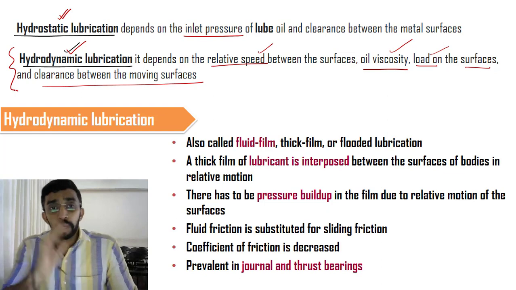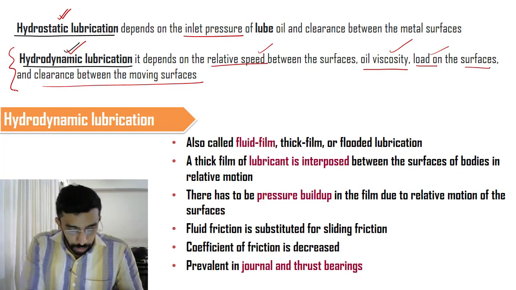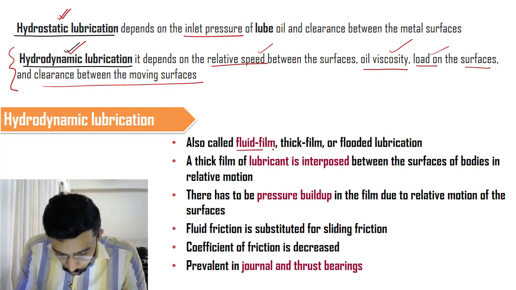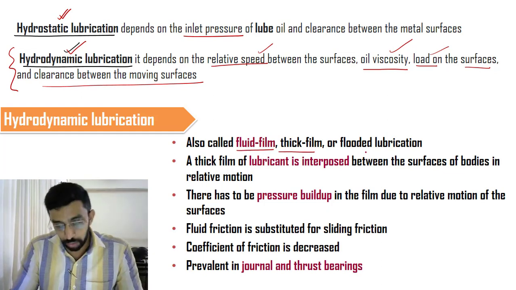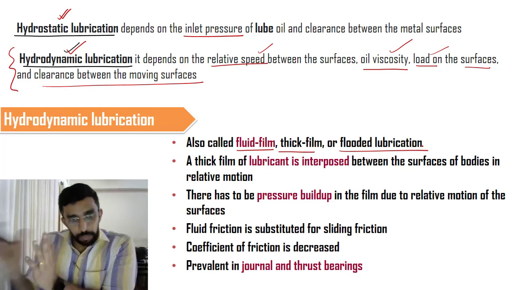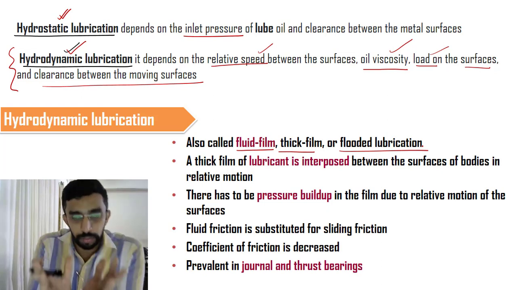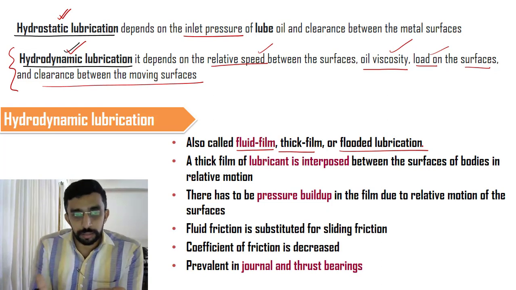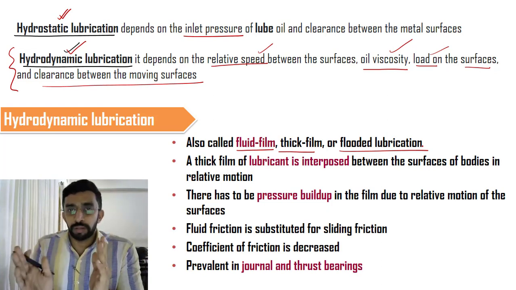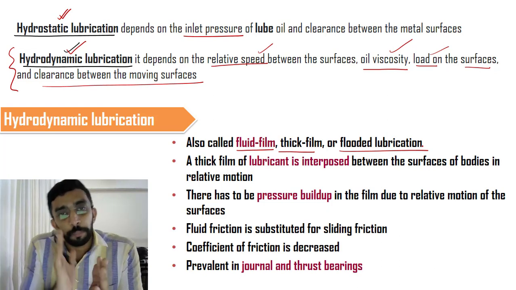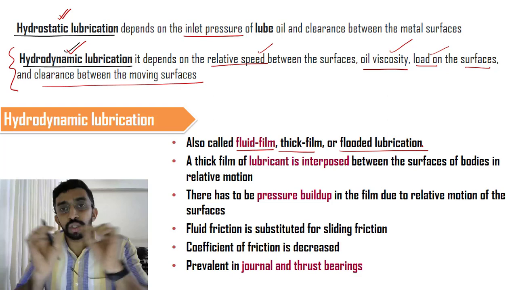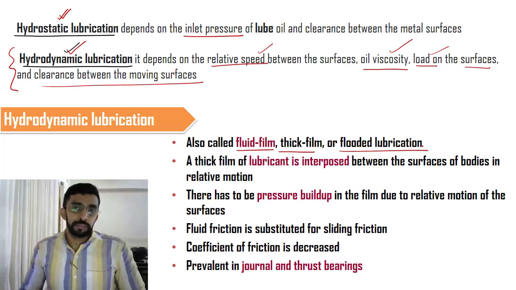the hydrodynamic lubrication. This hydrodynamic lubrication is otherwise called fluid film, thick film lubrication or flooded lubrication. Thick film lubrication and thin film lubrication will be discussed later, but just for your information, I will explain it like this. You should have a layer between the two surfaces, and that layer should make sure that there is no physical contact between these two solid surfaces.